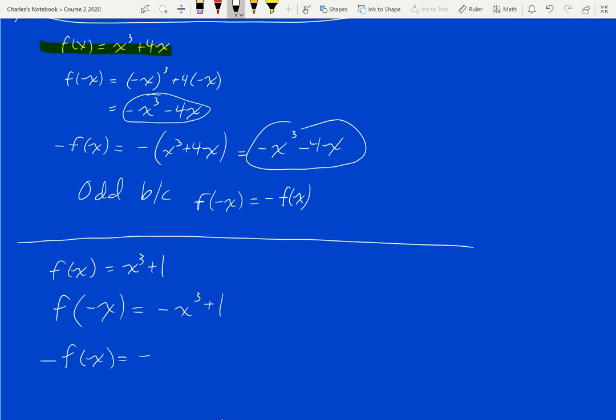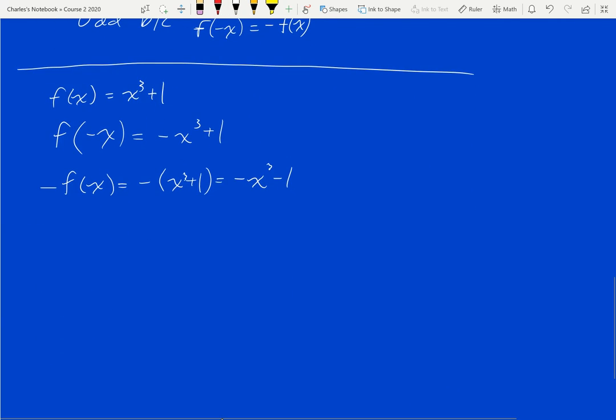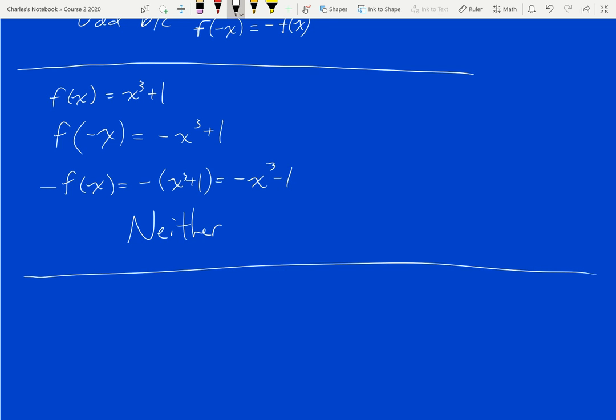Well, that's going to be negative x cubed plus 1, which is negative x cubed minus 1. Are these the same? These are not the same. So this is not odd. This is not even. This is something we call neither. And so those are the examples of all three potential cases that you could get.